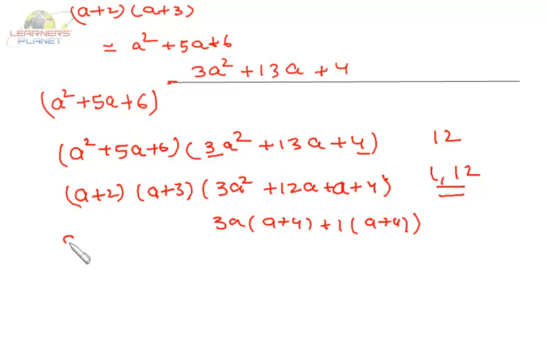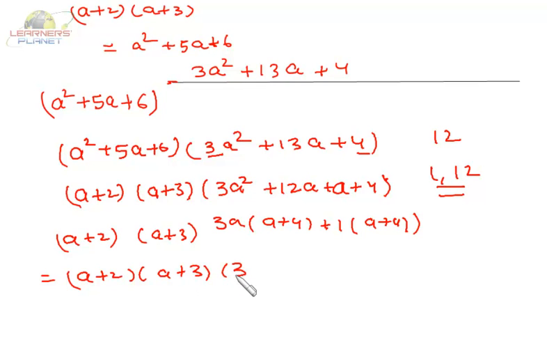So finally we are getting a plus 2, a plus 3, 3a plus 1 and a plus 4. Okay, quite a lengthy sum, but it is very easy. You just have to be careful about the calculation while solving these sorts of lengthy sums. Okay, I hope you are clear.